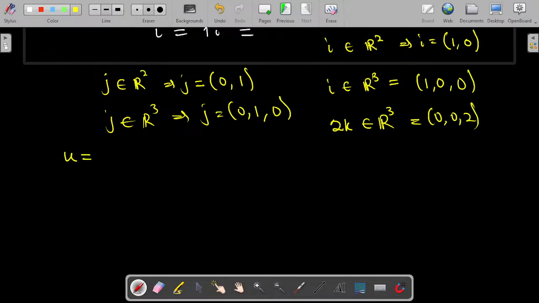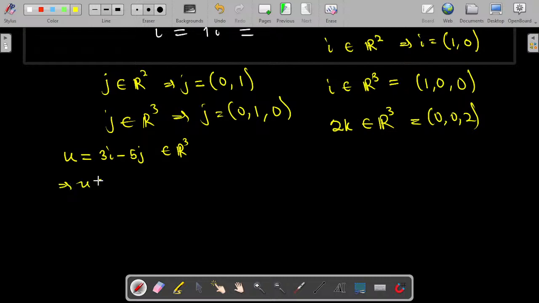Say u is equal to 3i minus 5k. Even this one is easy to see, because of course your j will be missing. So you can have something like this and we tell you it is in R3. Once you have R3, it means all the three components must be represented.